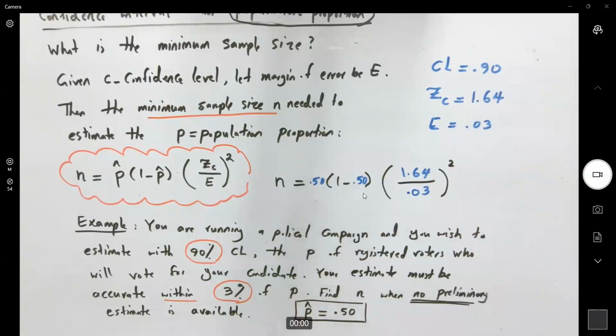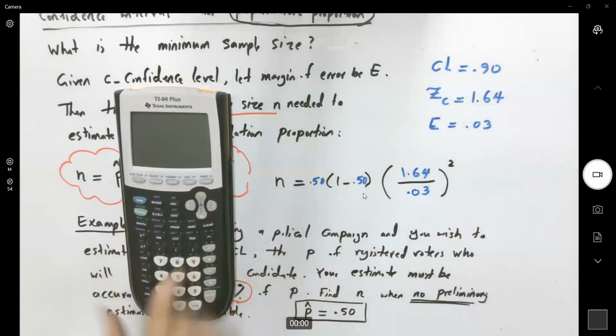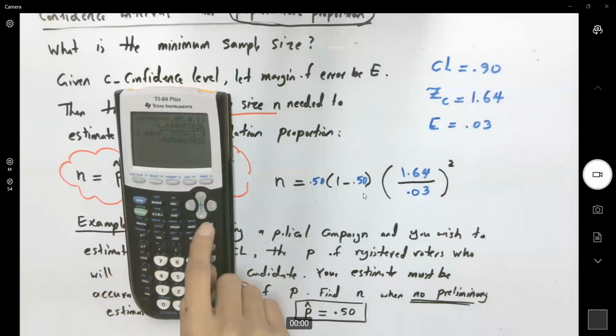So let us use our calculator and find the minimum sample size. Let's turn on our calculator.